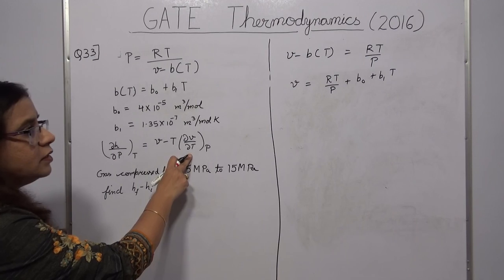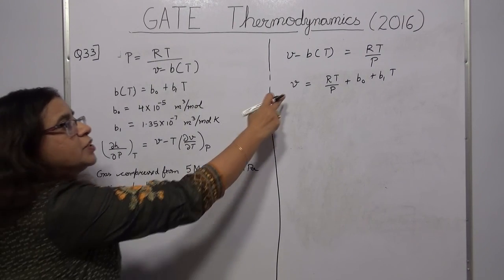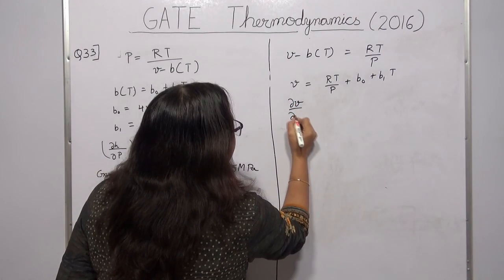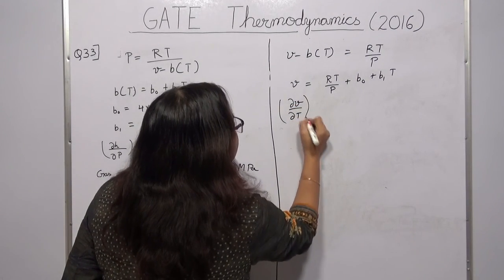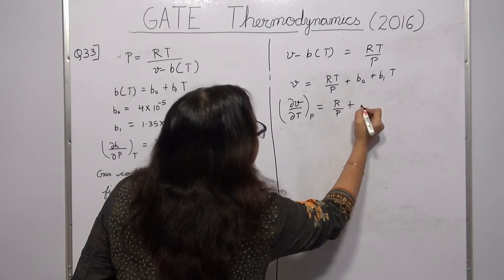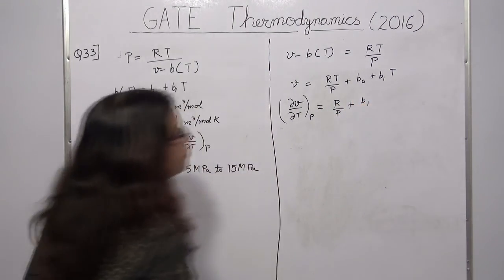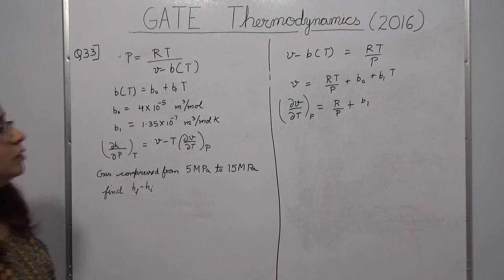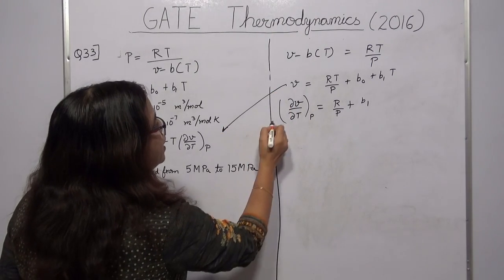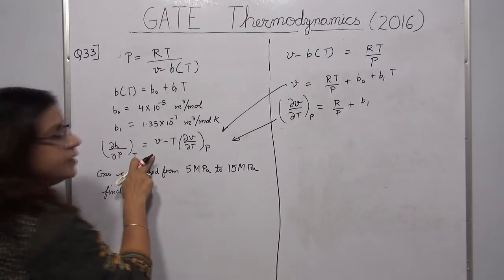So let's take the derivative with respect to T at constant pressure. del V by del T at constant P is equal to R by P, this is a constant, plus B1. Now let's put the value of V and del V by del T in this equation.